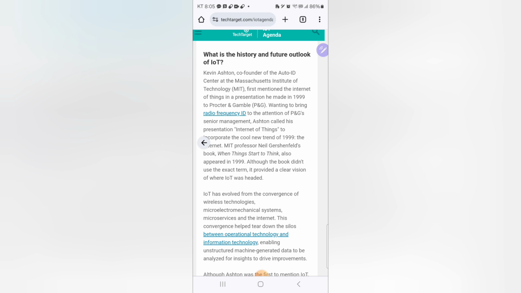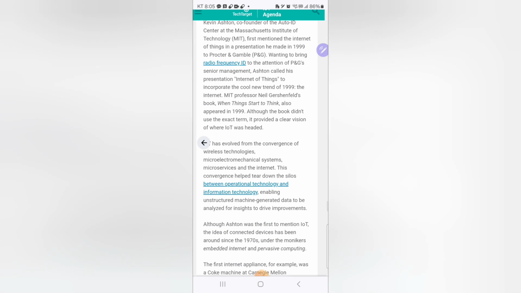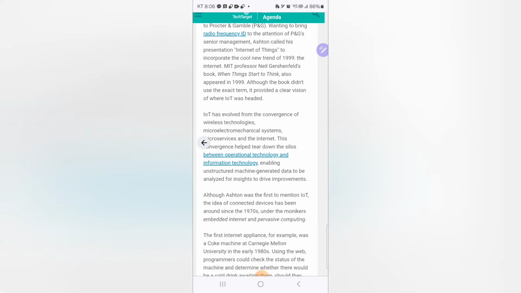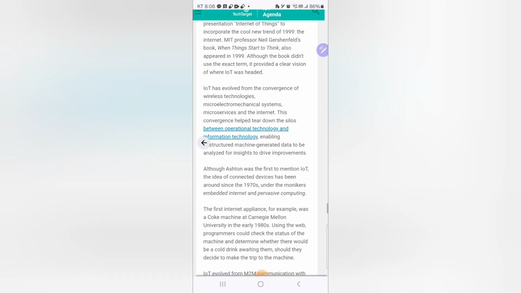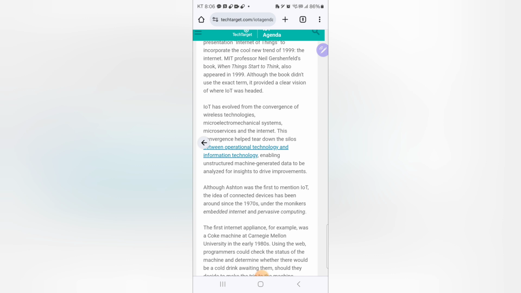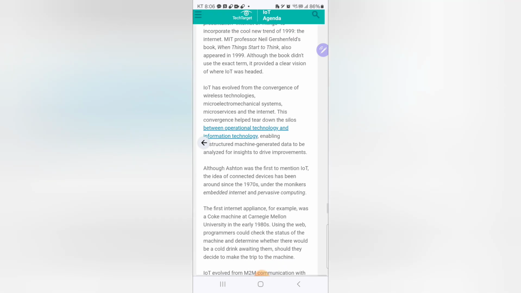IoT has evolved from the convergence of wireless technologies, microelectromechanical systems, microservices, and the internet. This convergence helped tear down the silos between operational technology and information technology, enabling unstructured machine-generated data to be analyzed for insights to drive improvements.